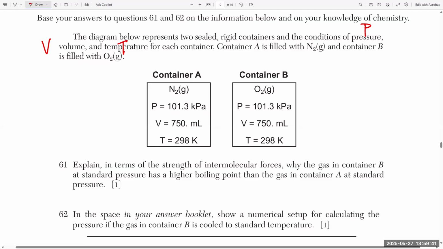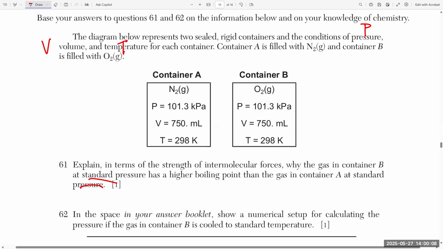Container A is filled with N2 and container B is filled with O2, all right? Explain, in terms of strength of intermolecular forces, why the gas in container B at standard pressure has a higher boiling point than the gas in A at standard pressure.